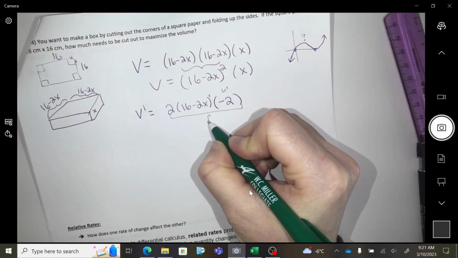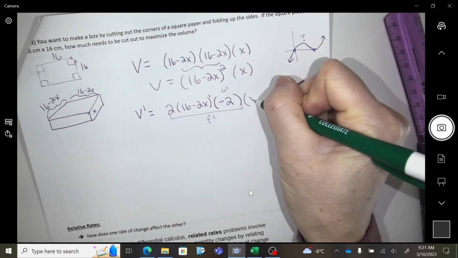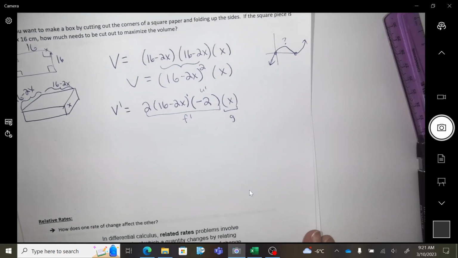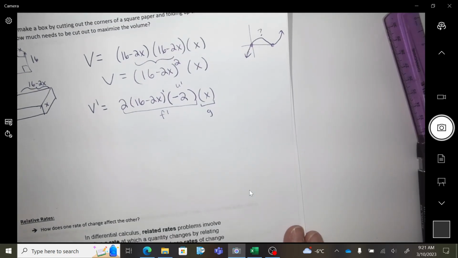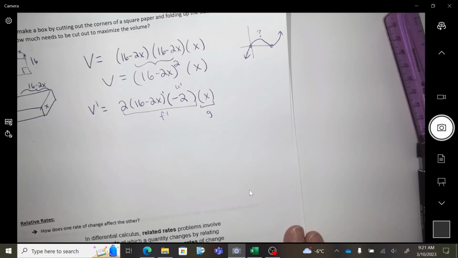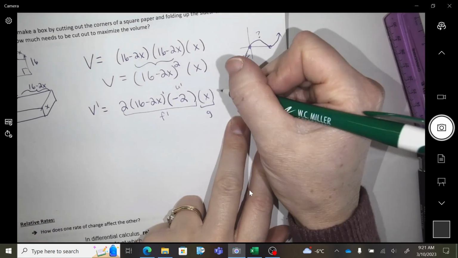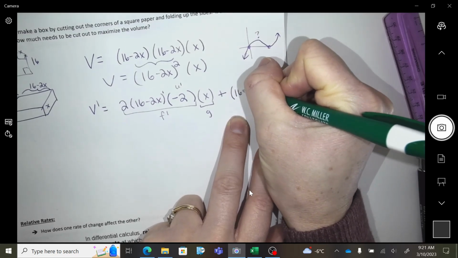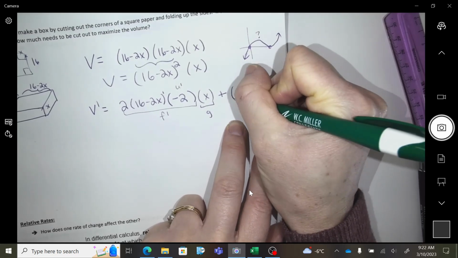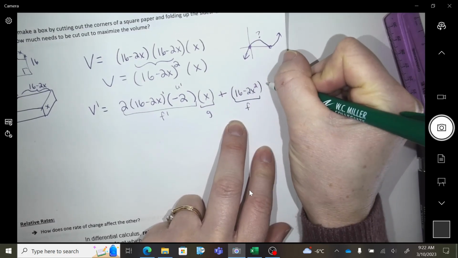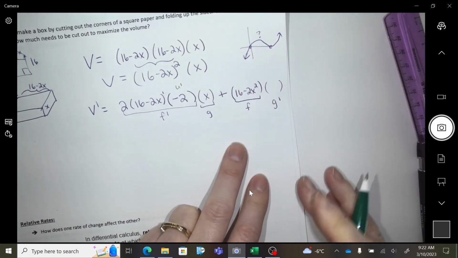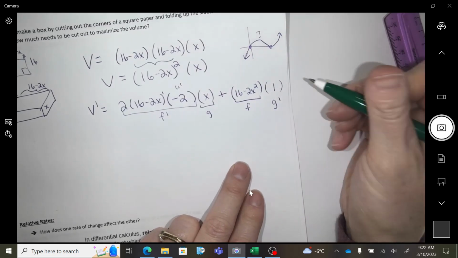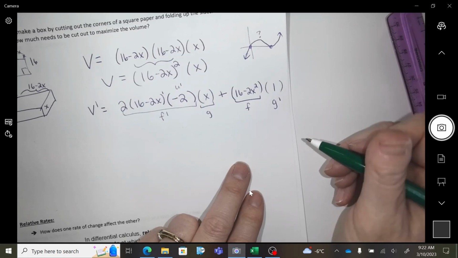All of that was f prime times g. See my breakdown? F prime was a chain times the original g, plus the original f function times, what do you get when you derive the g part? 1. So that will be easier.